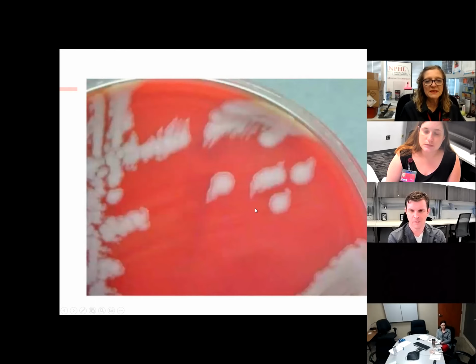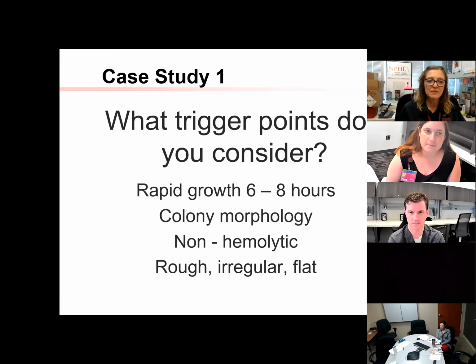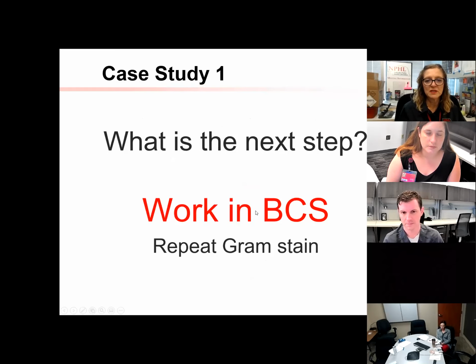It has commas to it. Bacillus anthracis commonly does this Medusa head look, where it has projections of commas. That will happen usually on the more isolated organisms, where you'll be able to see that. So any of those trigger points definitely should be worked up.